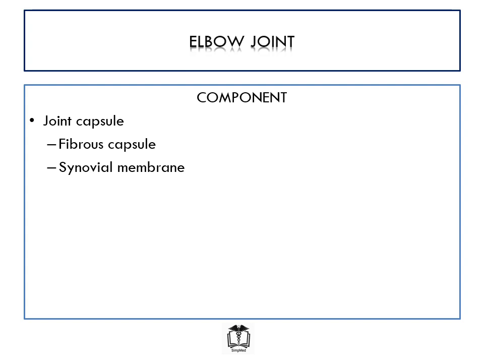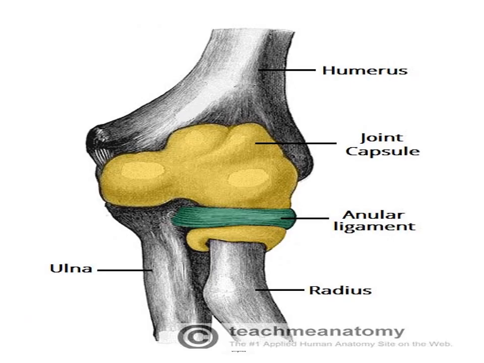One very important thing to note about the joint capsule of the elbow joint is the fact that this joint capsule blends in with, or is continuous with, another joint found within the forearm called the proximal radioulnar joint. I'll show you a picture of how that tends to occur. So this is a picture of the joint capsule of the elbow joint. You can see it in yellow.